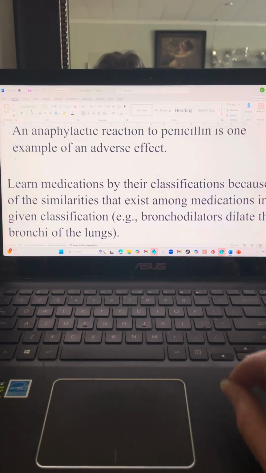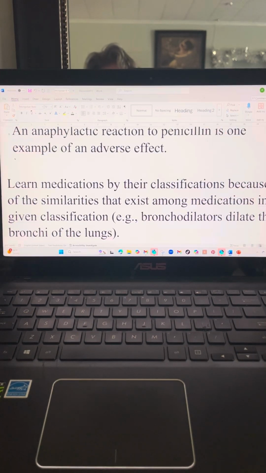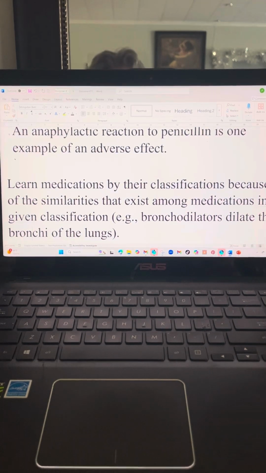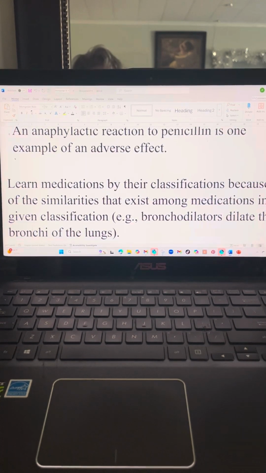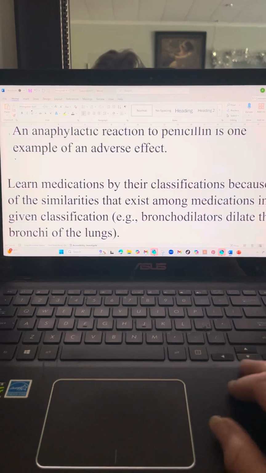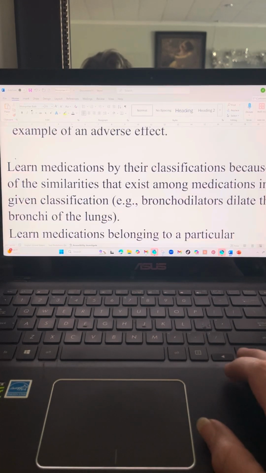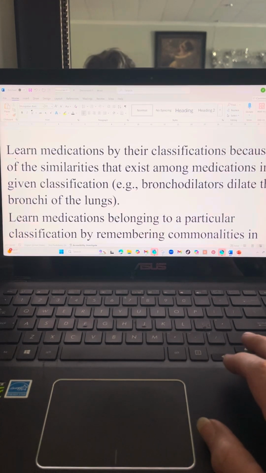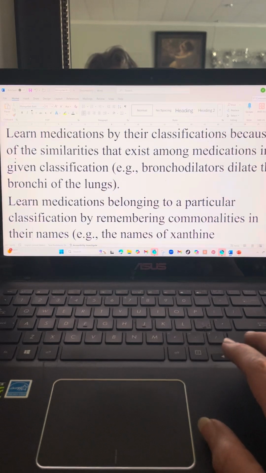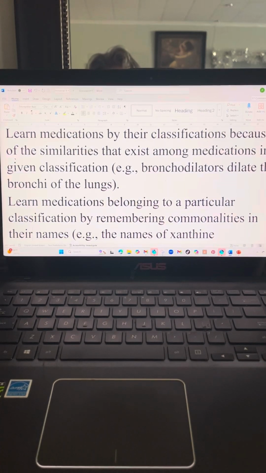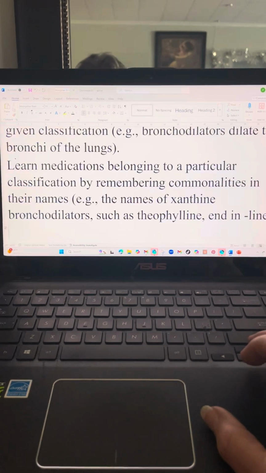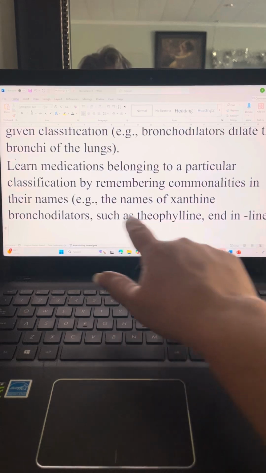Okay, so when you're learning medications by their classification, it's a lot easier because of the similarities that exist among the medicines in that class, like bronchodilators dilate the bronchi of the lungs. Medications belonging to a particular class can be remembered by the commonalities in their names.